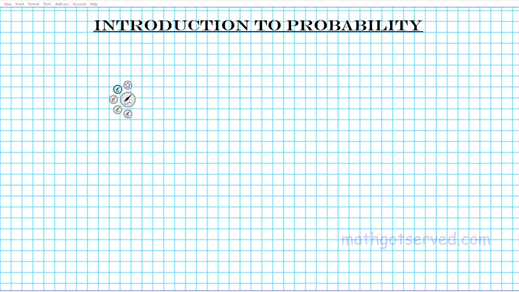Alright, to get us started, we're going to take a look at some formulas that will be guiding our problem solving process. We're going to start by looking at the formula for the probability of a single event.